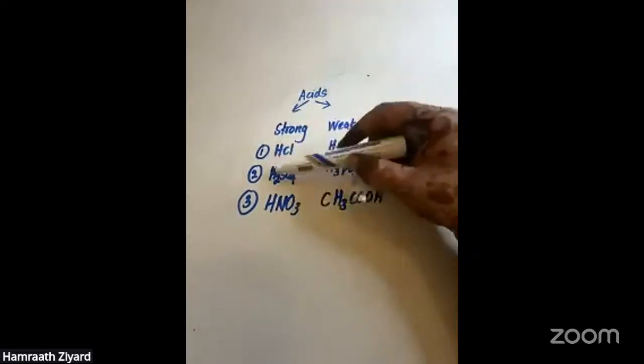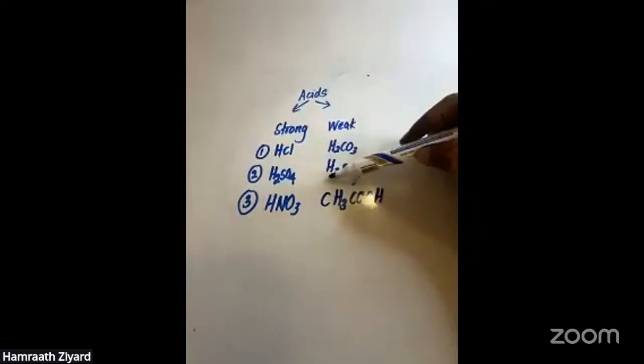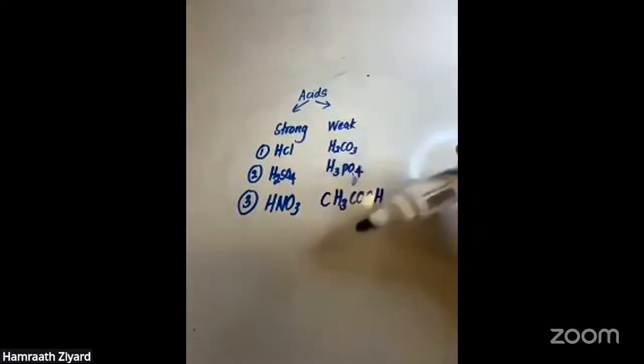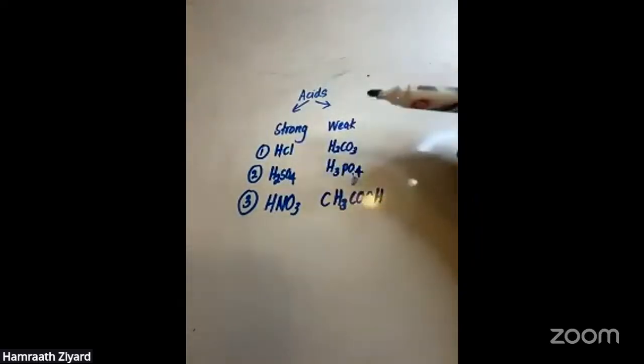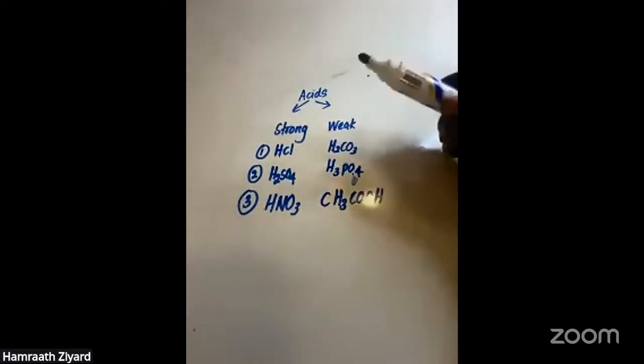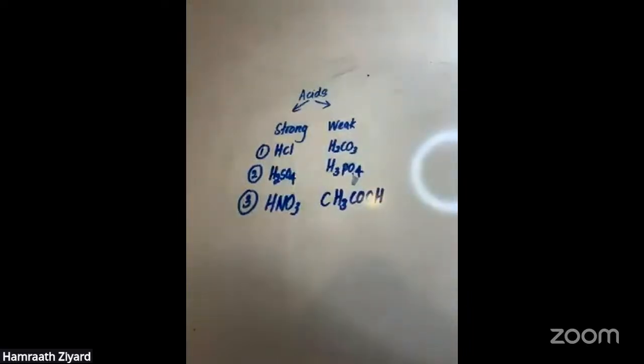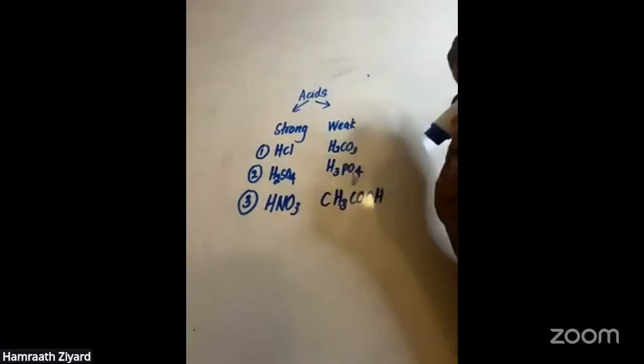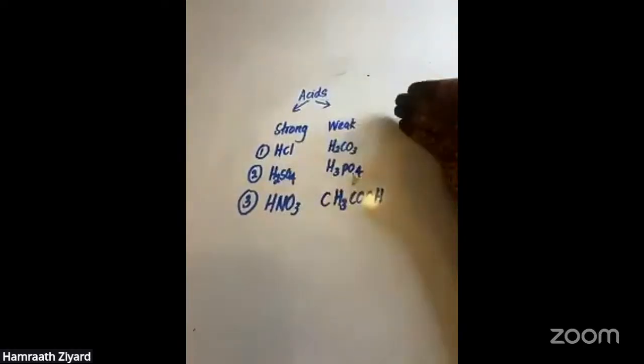You can see hydrogen, hydrogen, hydrogen. That's why I told you that hydrogen is released into the liquid medium. The speciality of acid is to release hydrogen ion. Right. Now we have to study the strong acid and the weak acid, so let me explain something.